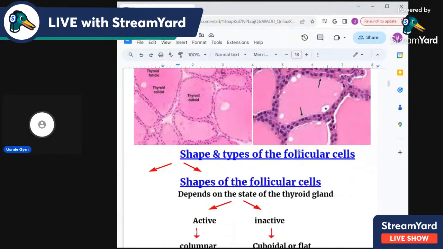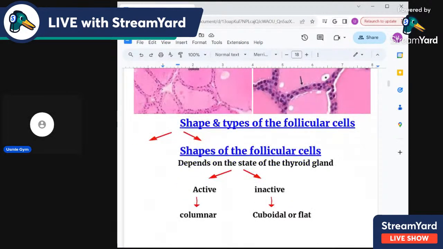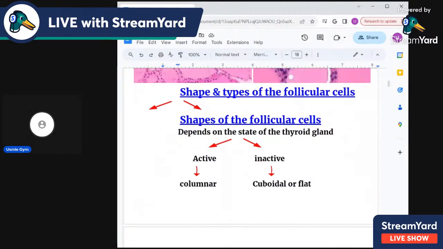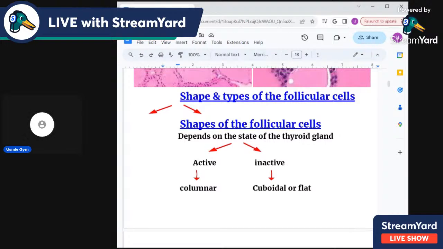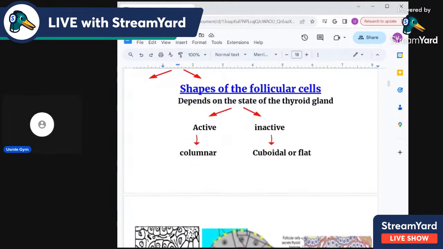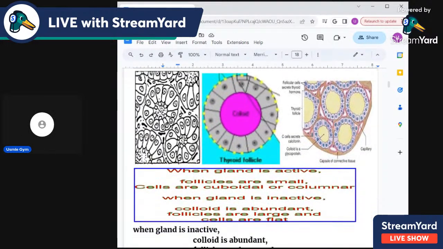Now, the shapes and types of the follicular cells. The shape of the cells depends on the state of the thyroid gland. In the active state, the cells are columnar, like here. These are the columnar cells in the active state. The lumen is small because the colloid is being used continuously.